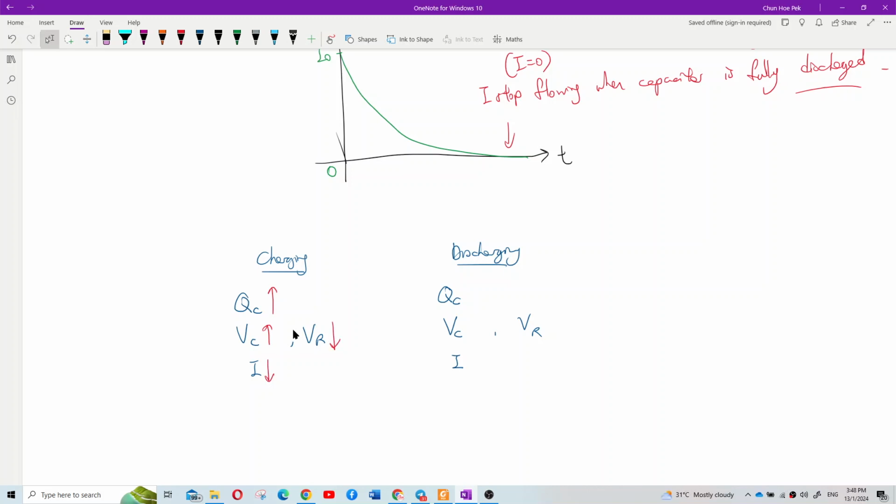Okay? Now, for discharging process, what happened to the charge? Decrease. Capacitor voltage decrease. Resistor voltage sama dengan capacitor, so dia pun decrease. Current ini pun decrease.